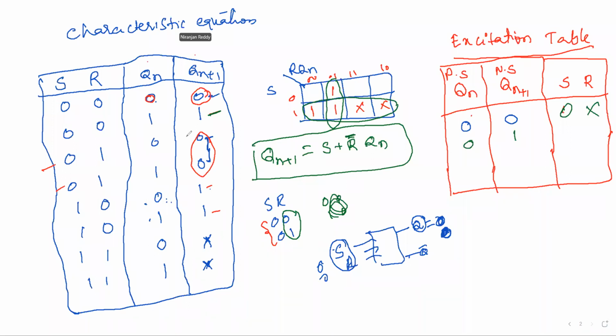Just a minute. So I want 0 as the present state. Next state I want as a 1. Next state I want as a 1. So see, the next state I want as a 1. It is at 1 0.